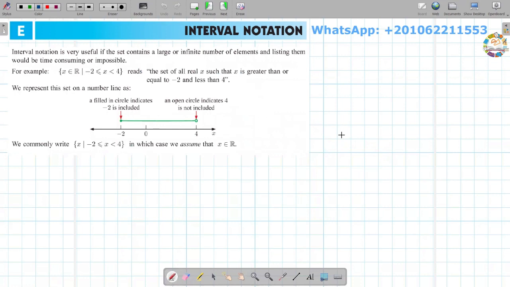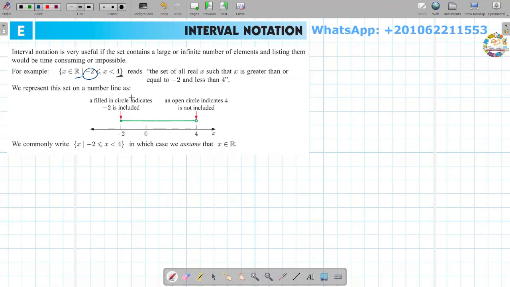Sometimes we're going to deal with the real set. For example, if we represent the set of all x values where x belongs to the real set and x is greater than or equal to -2, then -2 is included in our interval till 4.